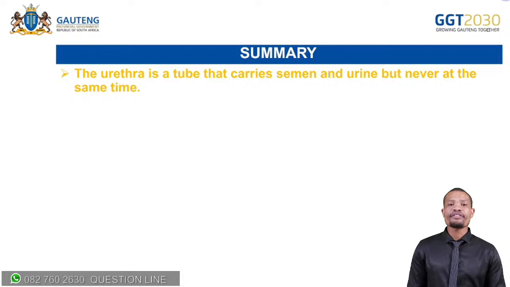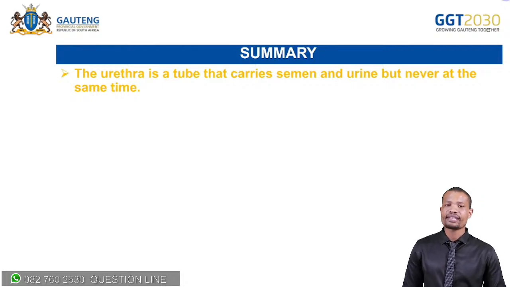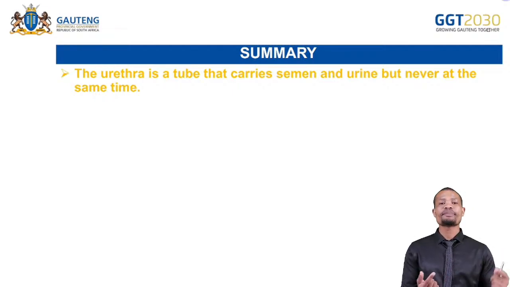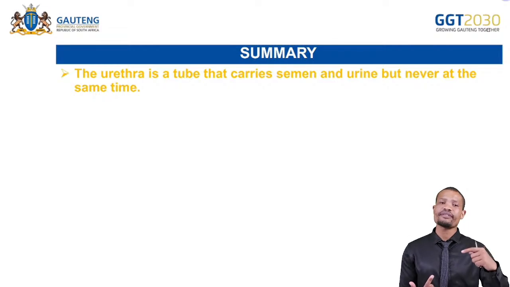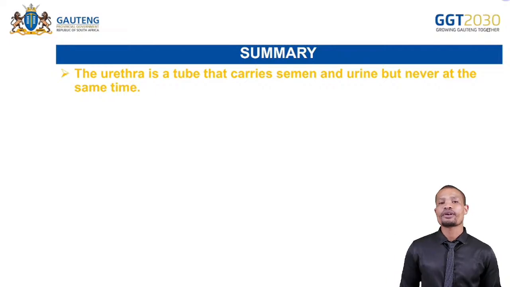Moving on, the urethra is a tube that carries semen and urine, but never at the same time. So the urethra is being fed by the vas deferens or the sperm duct with sperm, or it collects urine from the bladder. Okay, but it can never carry the two at the same time.